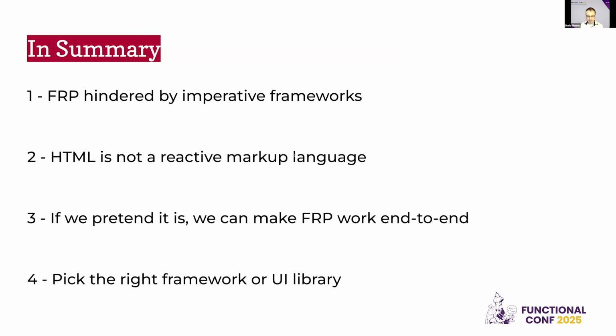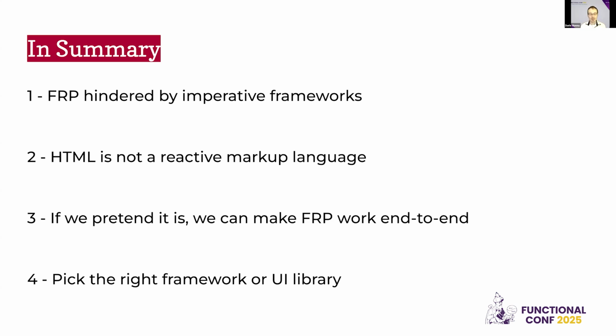Right. So in summary, what we've been talking about, number one, is that functional reactive programming is a bit challenging to do with modern frameworks, where we talk about React, Angular, but even others like Svelte, Vue, etc. Because the imperative paradigm is the number one thing all of them focus on.